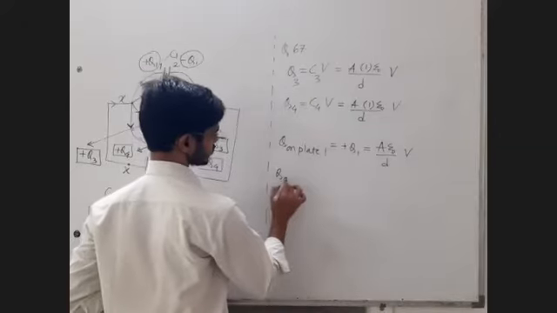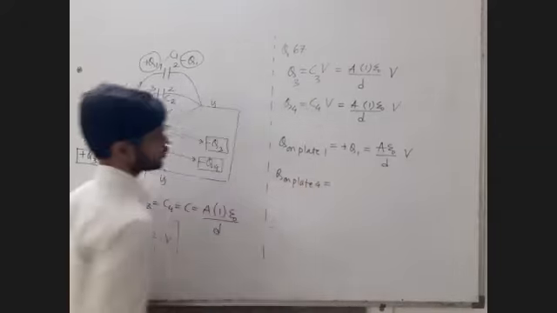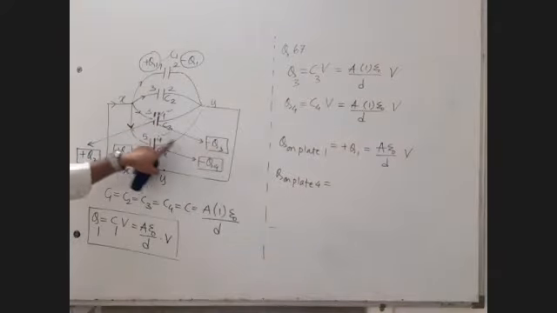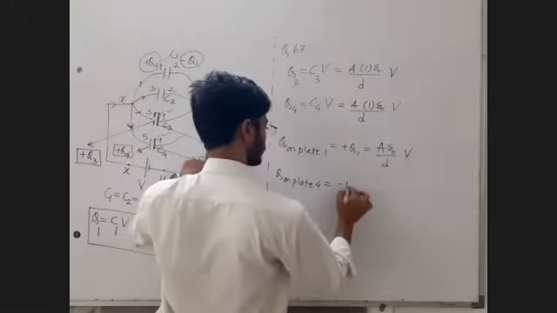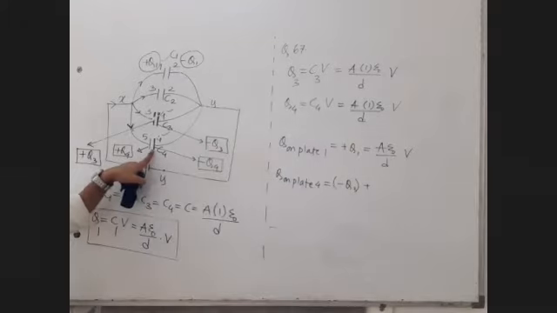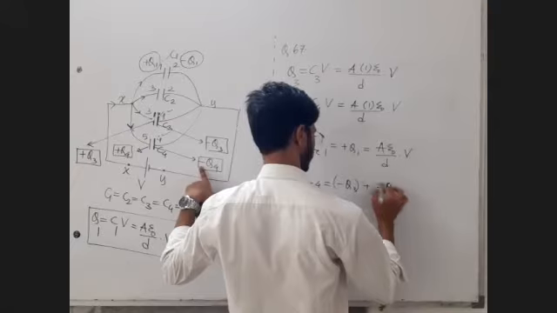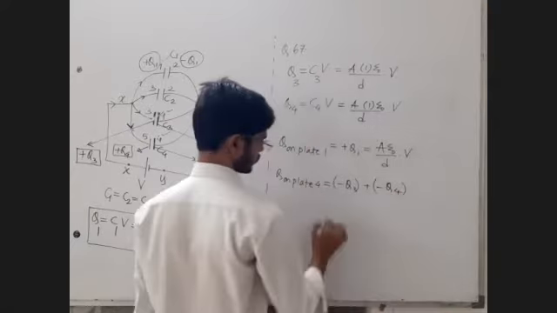And total charge on plate 4. Sir, plate 4 is here. It stores minus Q3 plus, sir, plate 4 is here also. It stores minus Q4. Minus Q3 minus Q4.